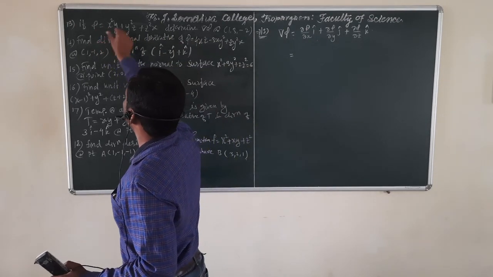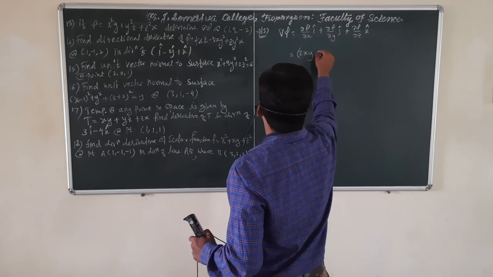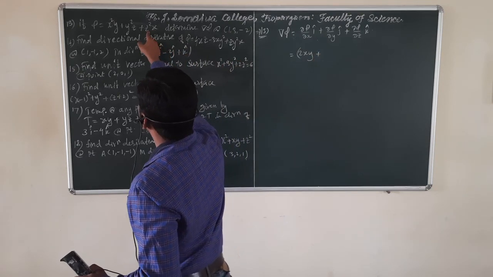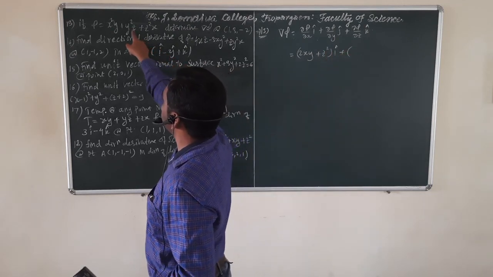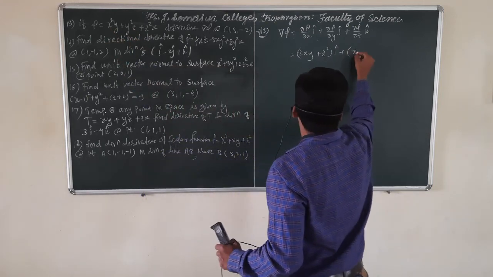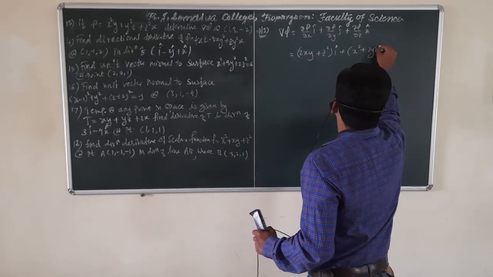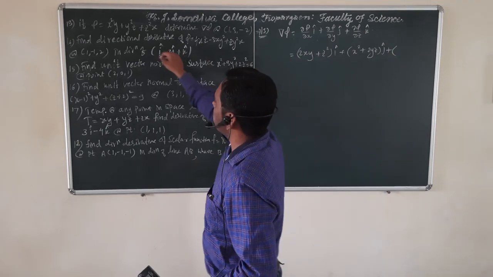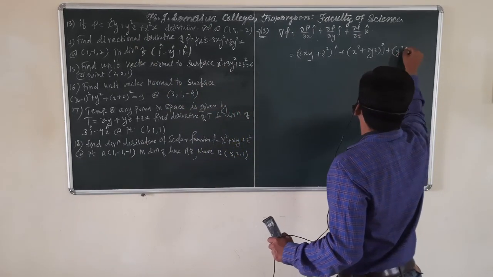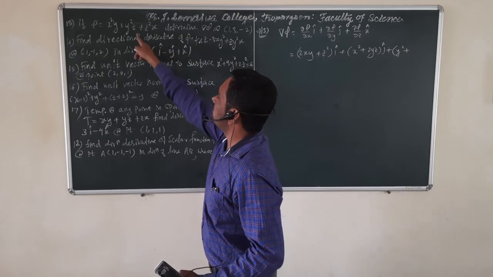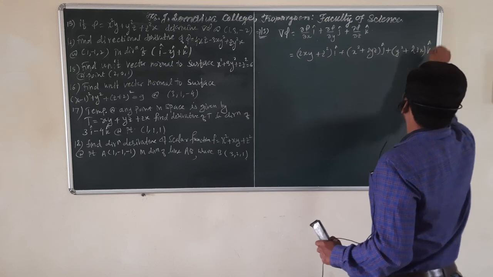That becomes 2xy plus z square, into i cap, plus differentiating with respect to y, x square plus 2yz, into j cap, plus differentiating with respect to z, y square plus 2zx, into k cap.